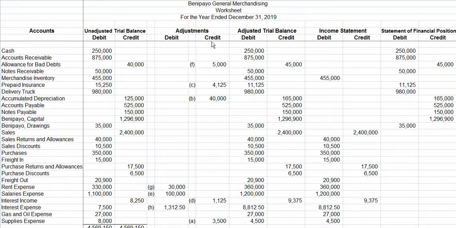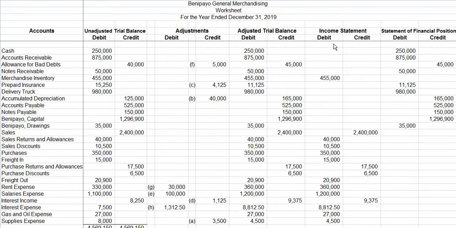The third and fourth money columns are for the adjustments, again divided into debit and credit columns. The next 2 money columns are for the adjusted trial balance, with a debit column and a credit column.